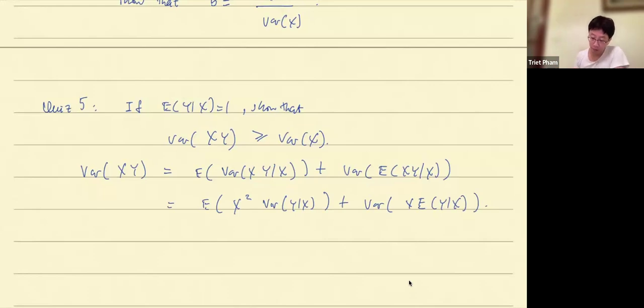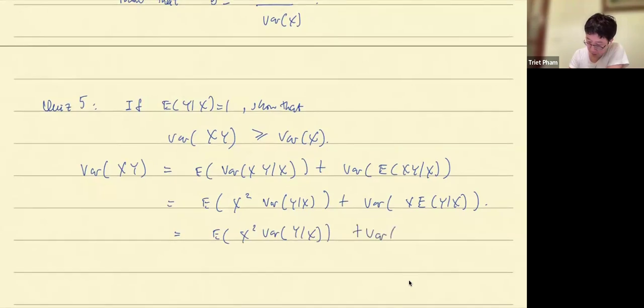And then what do we know? We know that this guy is 1. So therefore, I guess we don't even have to work on the first term.